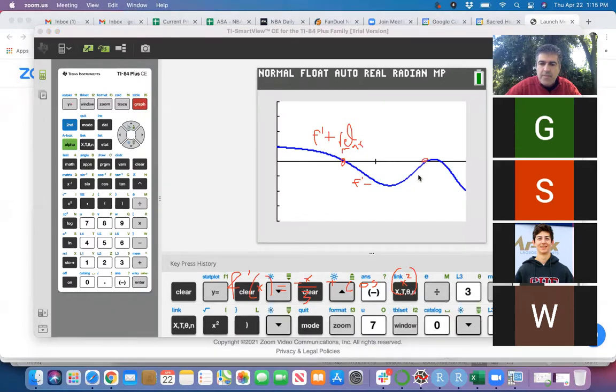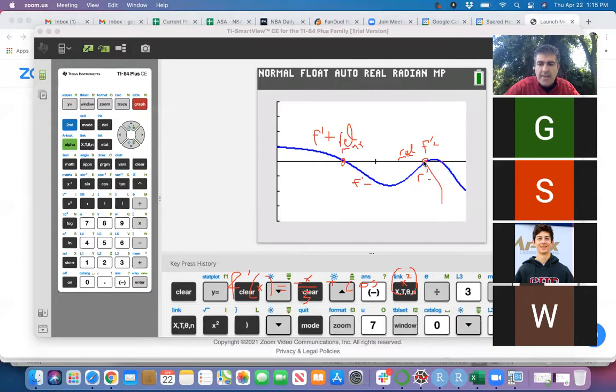Here, the derivative goes from negative to positive. So that's going to be a relative min. A relative min happens right there. Remember, you're only going down then up to get a relative min. And then this is a relative max at this point.